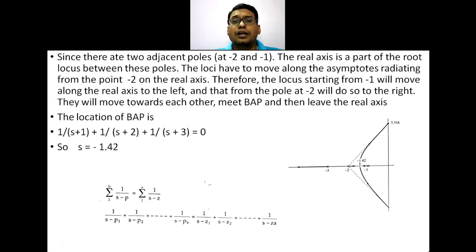Since there are two adjacent poles, at -1 and -2, the real axis is a part of the root locus between these poles. Then the loci have to move along the asymptotes. The asymptotes' center of gravity is -2.